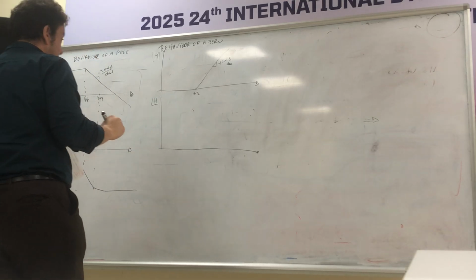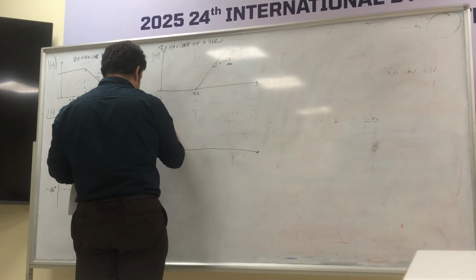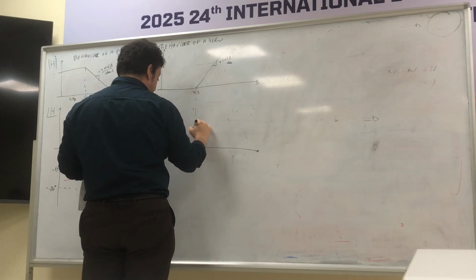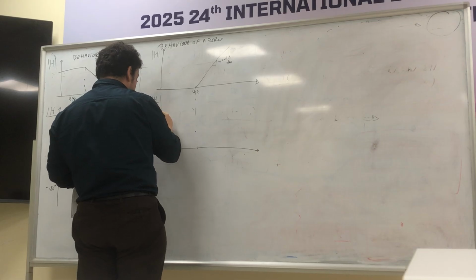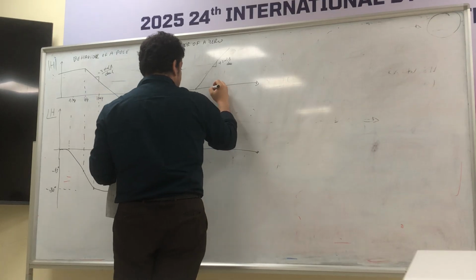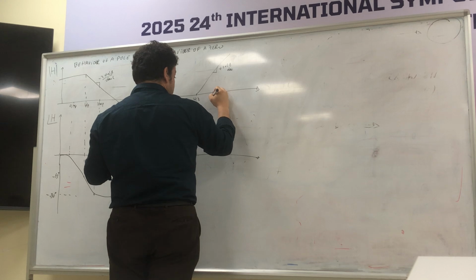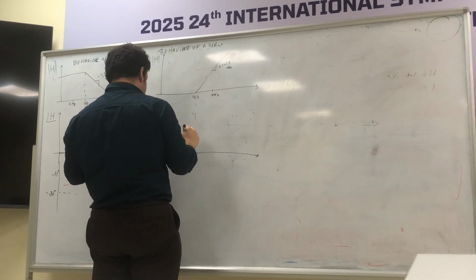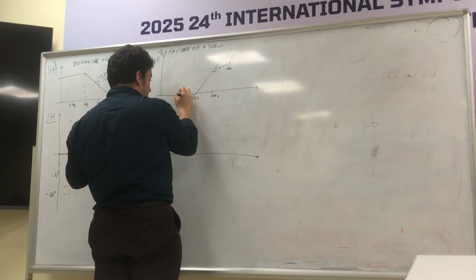So what happens? Specularly to the pole, I have 45 degrees at the frequency of the zero. I have plus 90 degrees at the frequency a decade later, so 10 omega z, and 0 shifting a decade before.